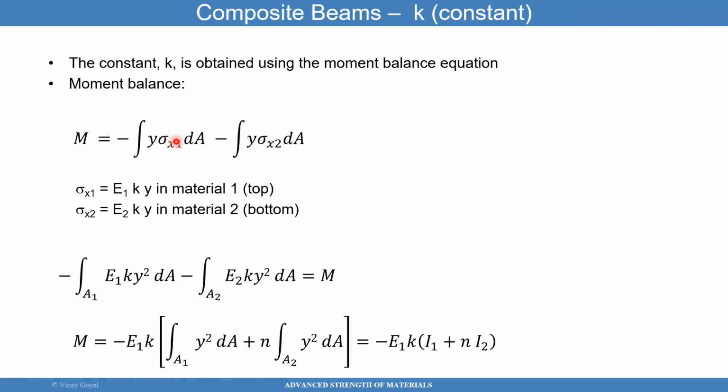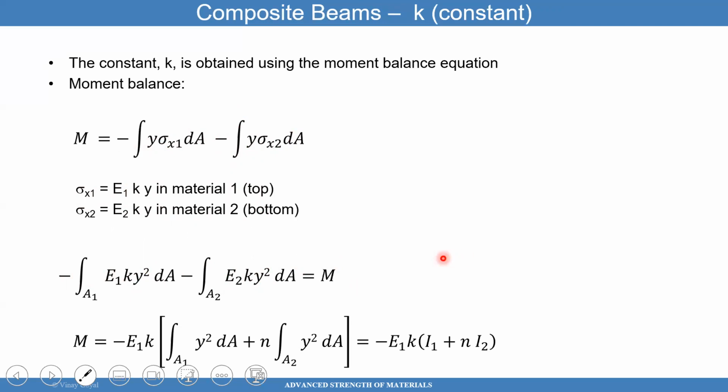The moment is equal to this amount: integral of y times sigma x1 for material 1, dA, minus integral of y sigma x2 dA. For material 1, I have E1 k times y as the stress. I plug it in there and I get this expression. For material 2, I have E2 k y right there, modulus 2 there. This whole thing equals a moment.